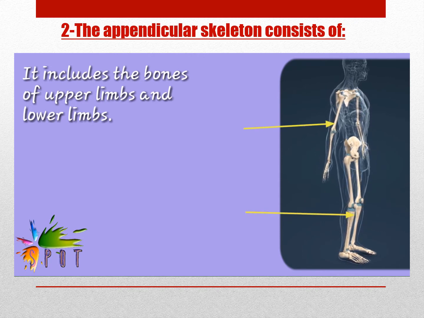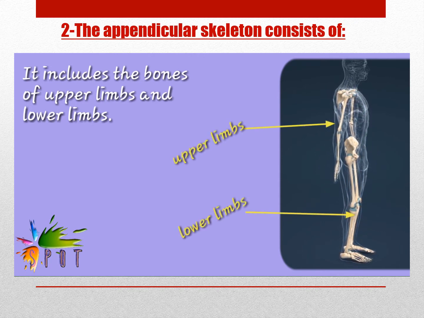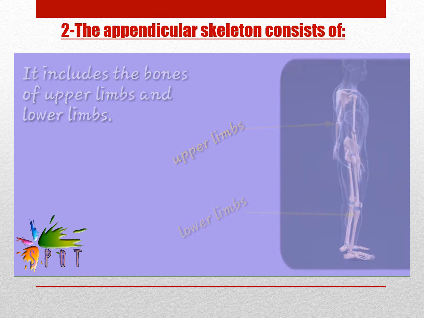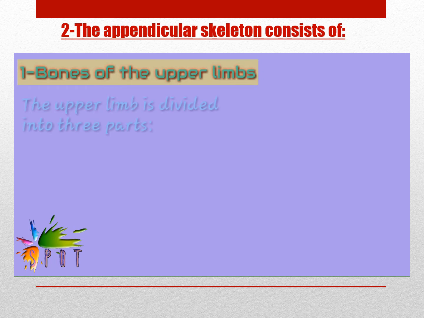It includes the bones of the upper limbs and lower limbs. Like in the picture, the bones of the upper limbs.